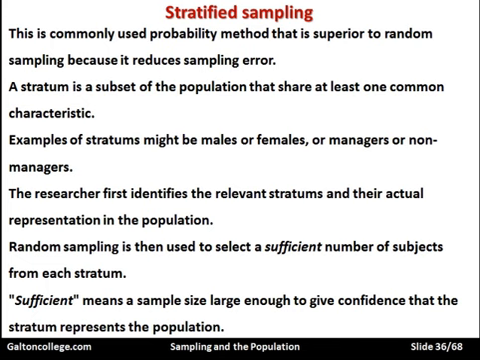But that may also be subdivided. Age may be an issue. So of the females, a certain proportion should be over 50, a certain proportion over 40, over 30, over 20, and so on. And for the males, the same. So different ways of stratifying the population may be used.